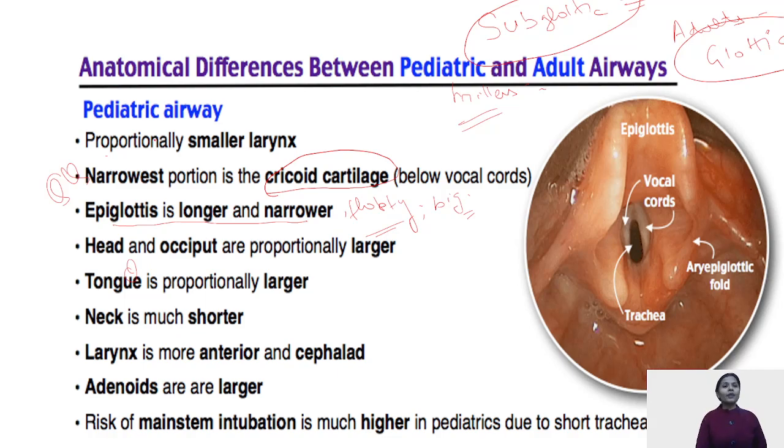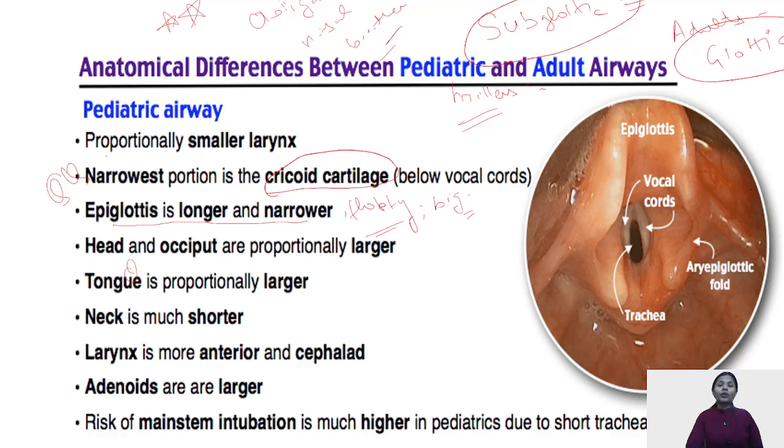One question, or what do you say, a star question, is that pediatric patients are obligate nasal breathers. Till 5 years of age, they're obligate nasal breathers. They don't know how to breathe from their mouth. So be very careful when you're dealing with pediatric patients with oral or nasal obstructions.